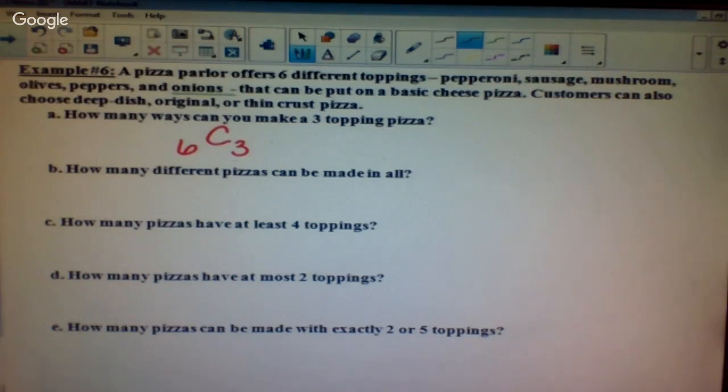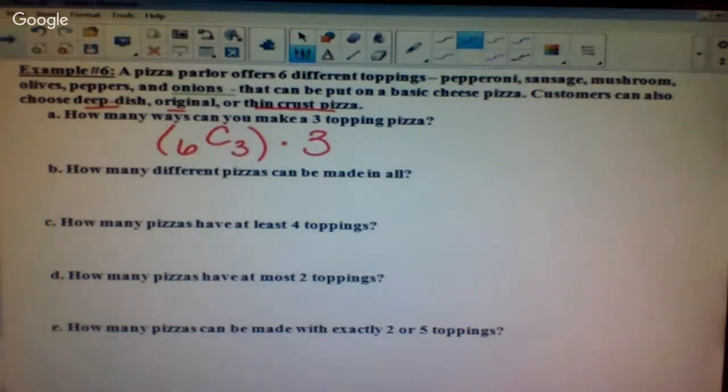Okay. But not only do I have to worry about the toppings, I have to worry about the fact that I have 3 crusts to pick from. So once you get that, you multiply it by 3. Now, how many different pizzas can be made in all?